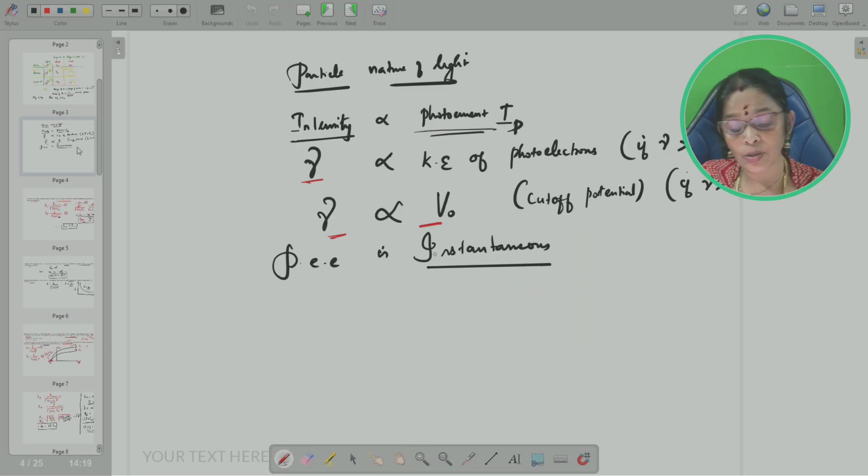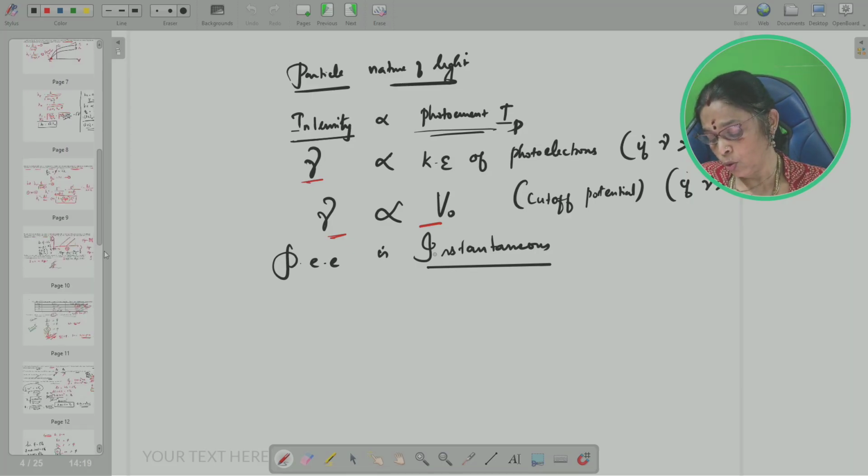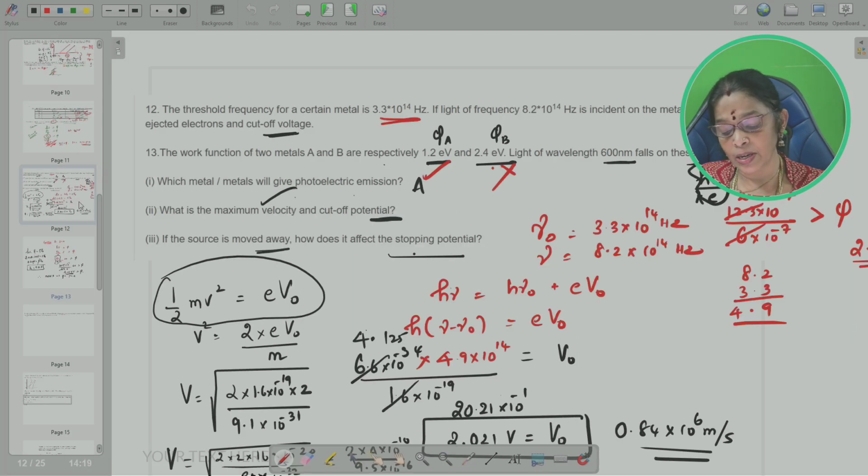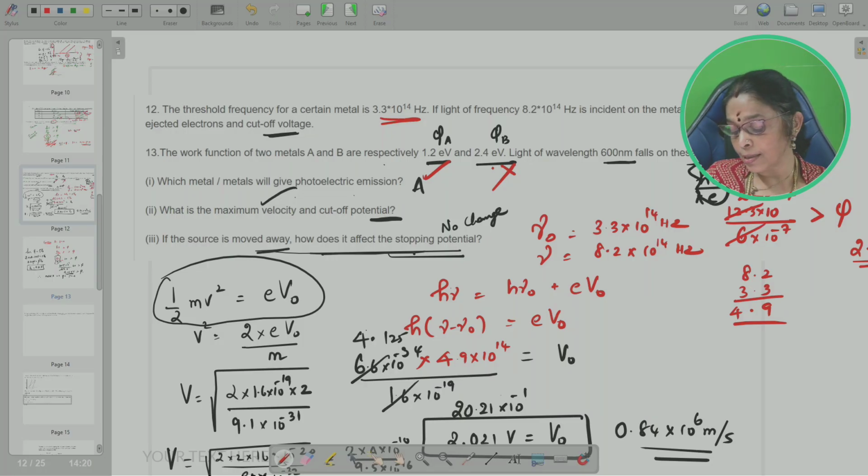Frequency changes, stopping potential accordingly changes. But here, if the source is moved, only the intensity varies. So no change in stopping potential. Only the photocurrent changes accordingly. So hope you understand this.